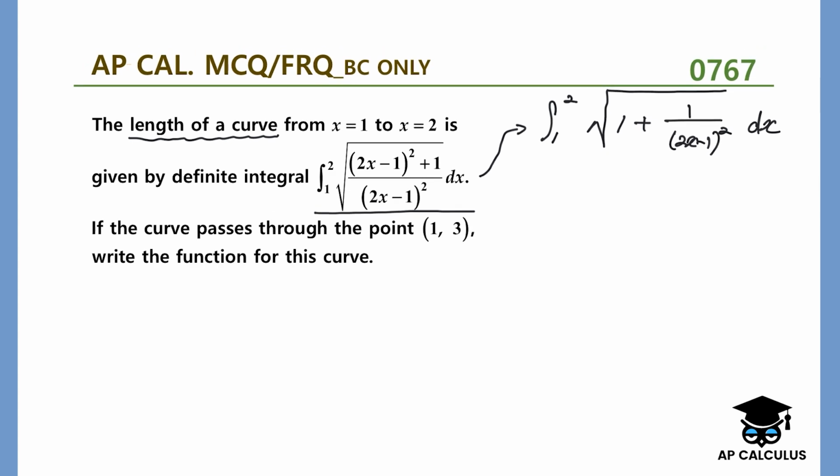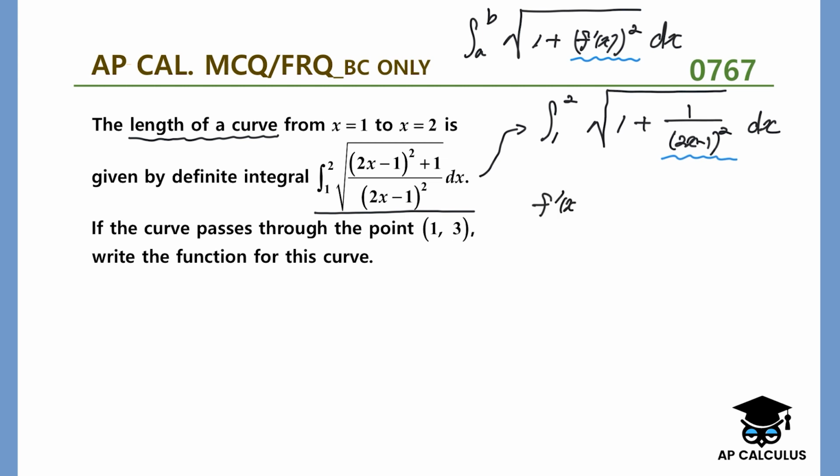Since the formula for the length of a curve is integral from a to b of the square root of 1 plus f prime of x squared dx, we know that this expression is equal to f prime of x squared, right? Since f prime of x squared is equal to 1 over (2x minus 1) squared. That's actually 1 over 2x minus 1, all of this expression squared, right?